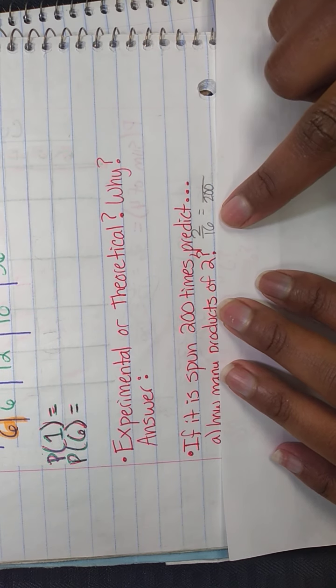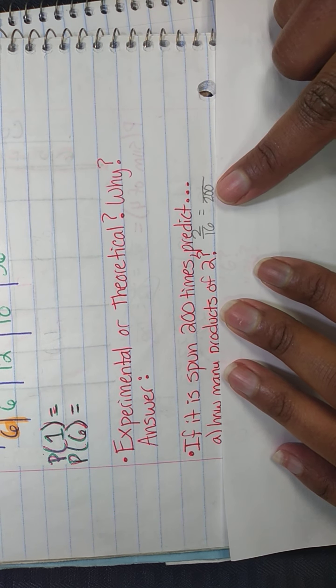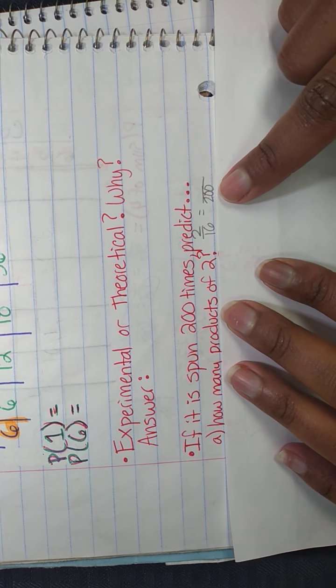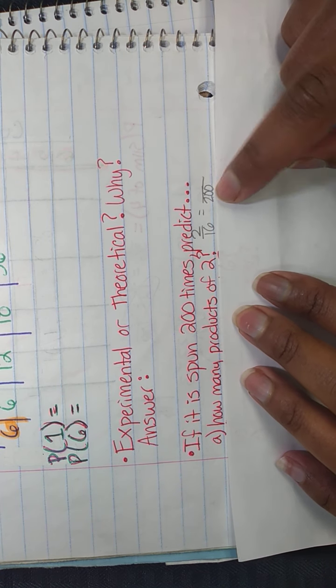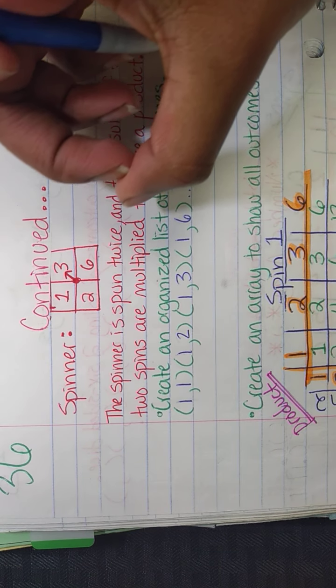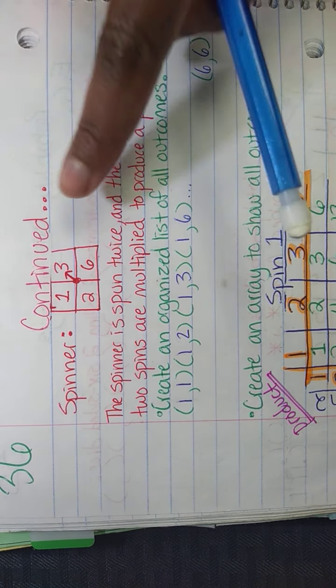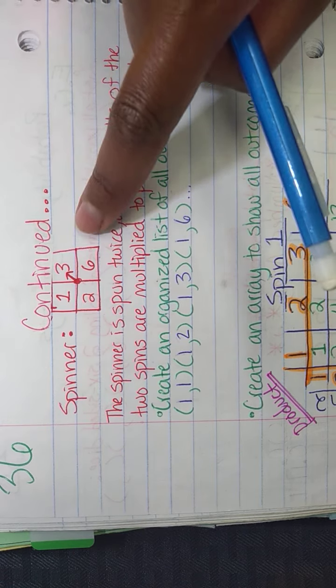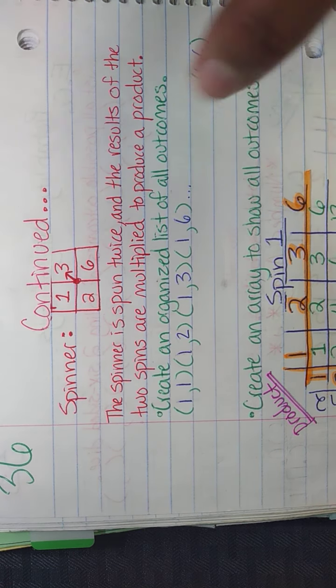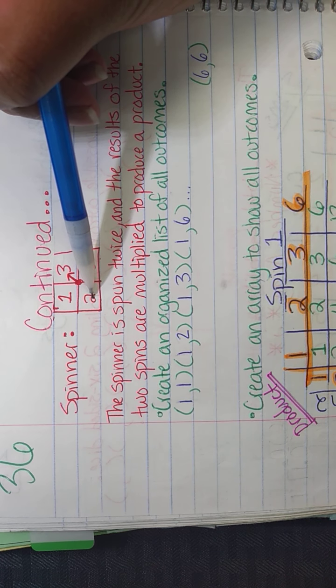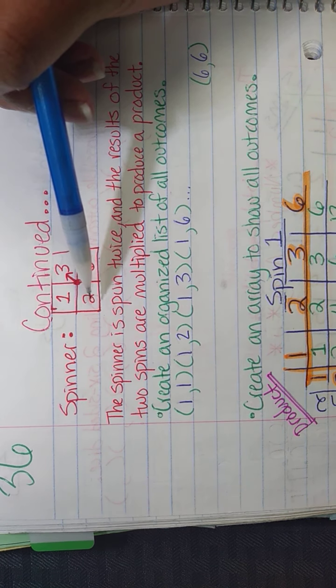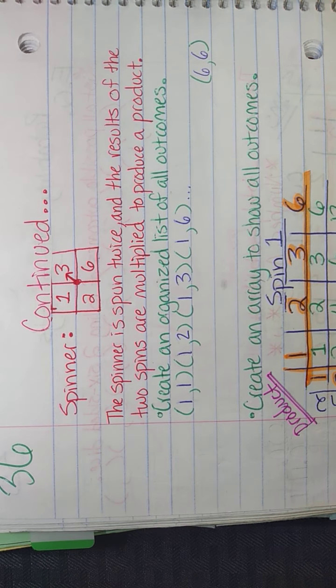What is the likelihood that I spin it 200 times? What's the likelihood that I get a product of 2? And I'm sorry, I said that wrong. If I spin this spinner twice, the likelihood that I get a product of 2 would be 2. It could come from it landing on a 1 and then a 2, or a 2 and then a 1.